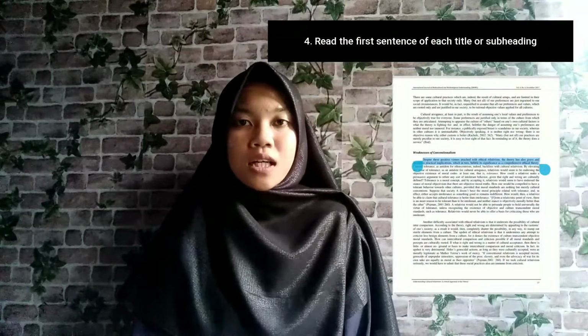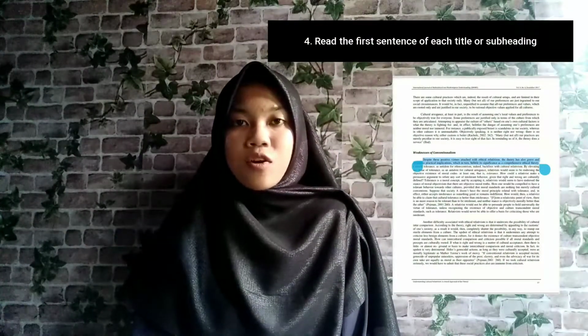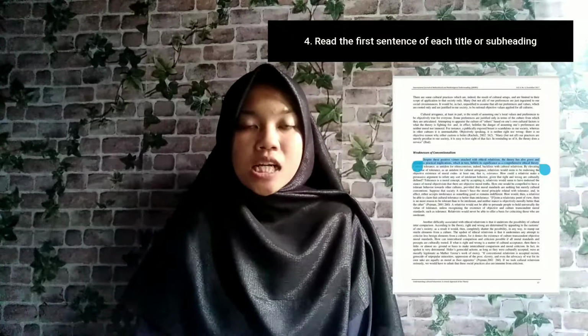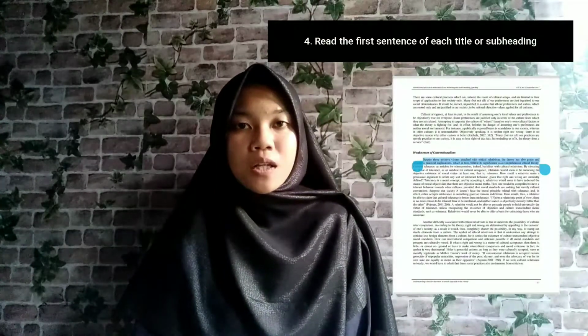Step number 4, read the first sentence of each title or subheading. The title or subheading actually provides brief information about the outline of the paragraph's content, but the first sentence of each title or subheading provides information about the subject matter discussed.